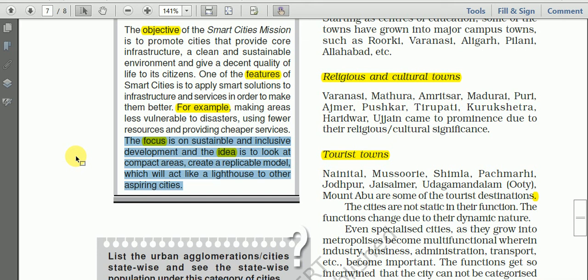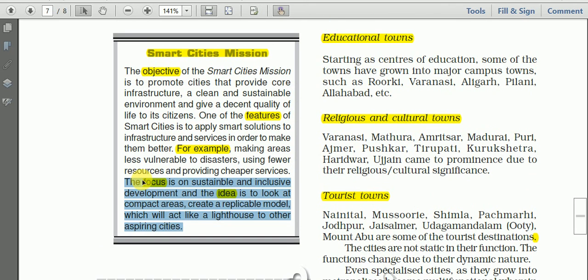So we may make a replicable model of a city, and other aspiring cities may adopt or adapt it. See here, which will act as a lighthouse to other aspiring cities. That means the model smart city will give an idea to other cities in India to become a smart city. So this is the idea of the smart cities mission.